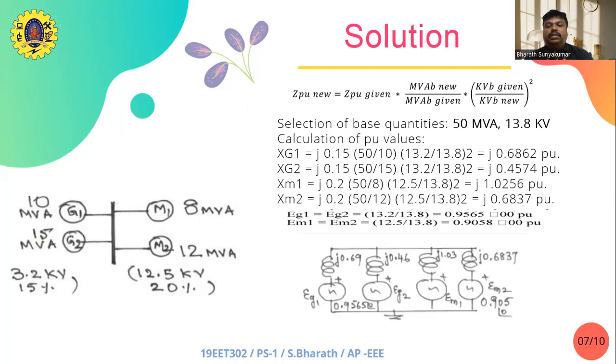Substituting all the values, we get the reactance values of generator 1, generator 2, motor 1, and motor 2 as 0.6862, 0.4574, 1.0256, 0.6837, and EG1 and EG2 are 0.9565 and 0.9058. This gives the reactance diagram, the final result for the given one line diagram. So with this, we have solved the given problem.